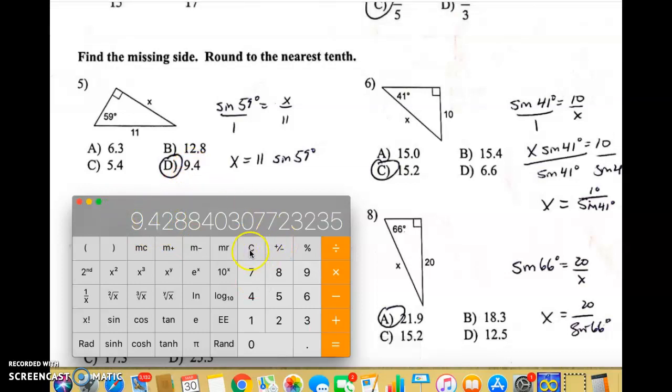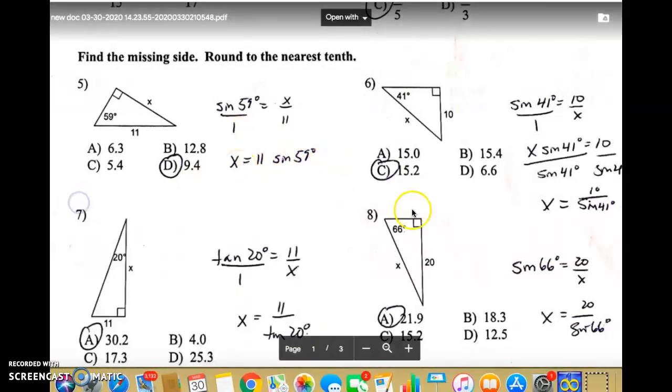The other way to do this, you can do 59 sine first, then multiply by 11. Either way, that'll give you 9.42. If you have the grapher, you can plug in literally 11 sine 59, hit enter, and you'll get that value. Same goes for the rest here.